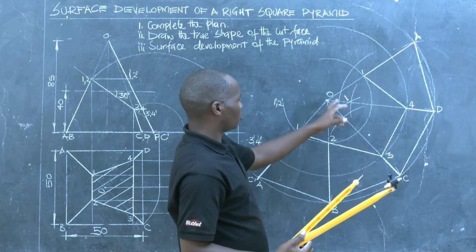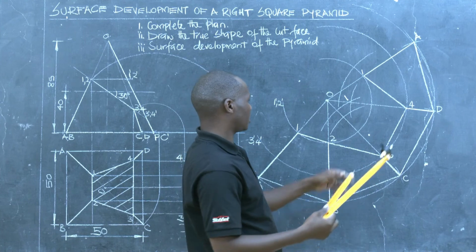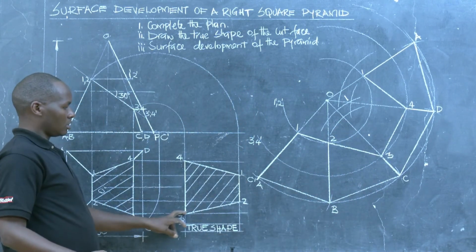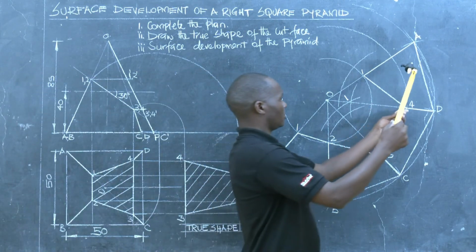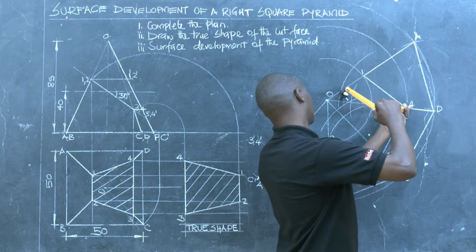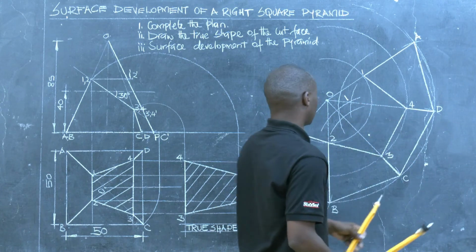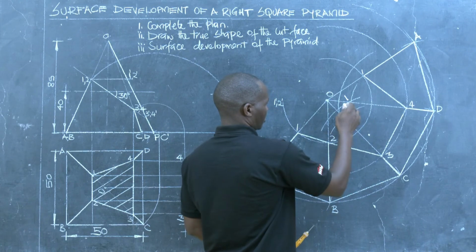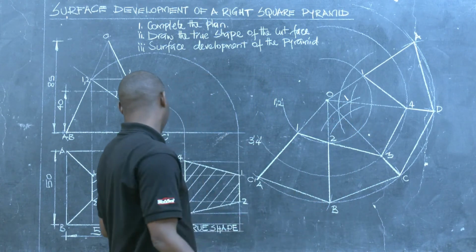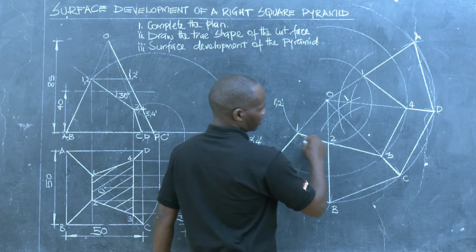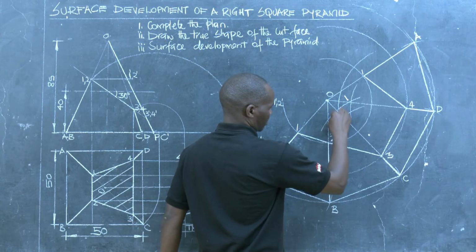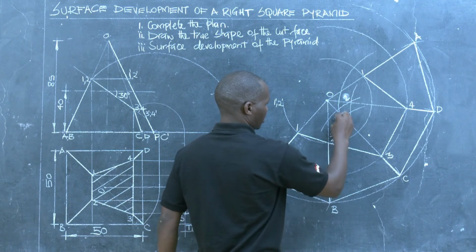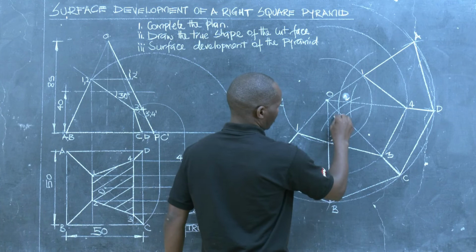Of course, we need to prolong the previous arc to cut our arc that we've done with radius 3, 2. We can extend that arc to cut. So this should be point 2, sorry, and this is point 1.